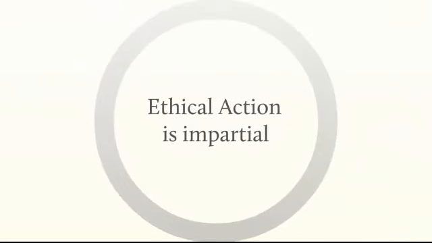We also have to assume that ethical actions are impartial. So again, that's what I was talking about earlier in getting rid of your biases, getting rid of your prejudices, and being able to approach the problem objectively. So it's assumed that we do start in an impartial way.